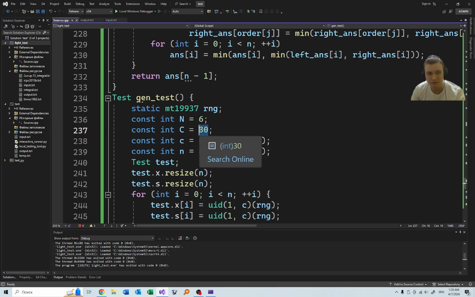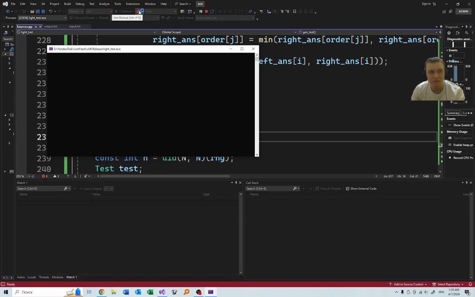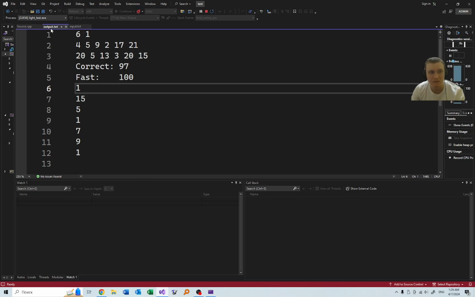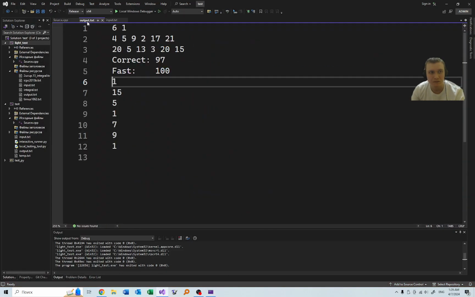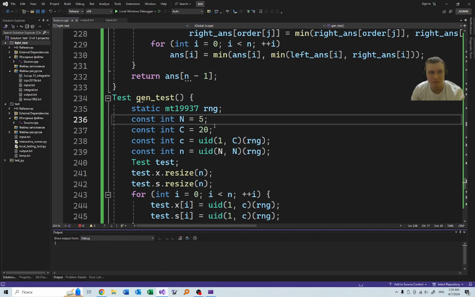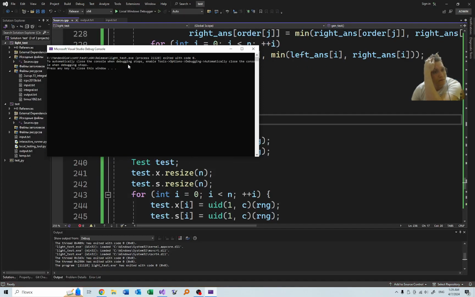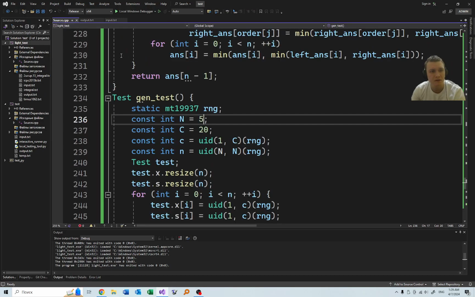Can I make it smaller? Okay, it found something even with 5 of them.